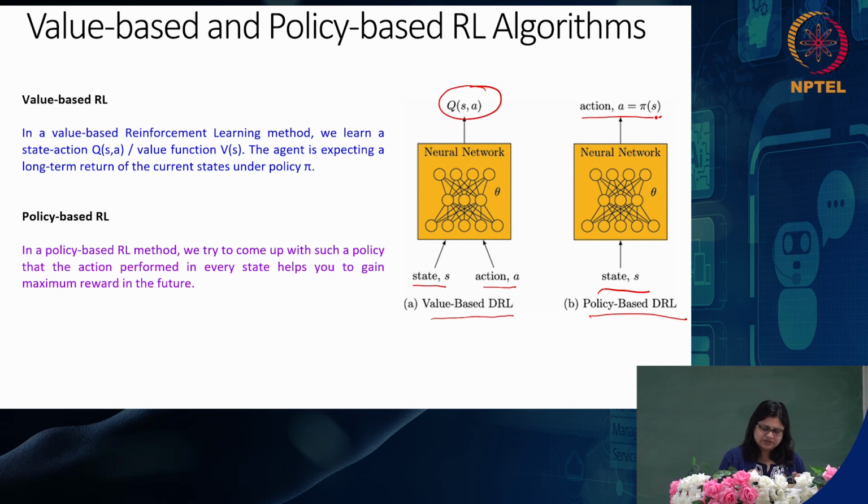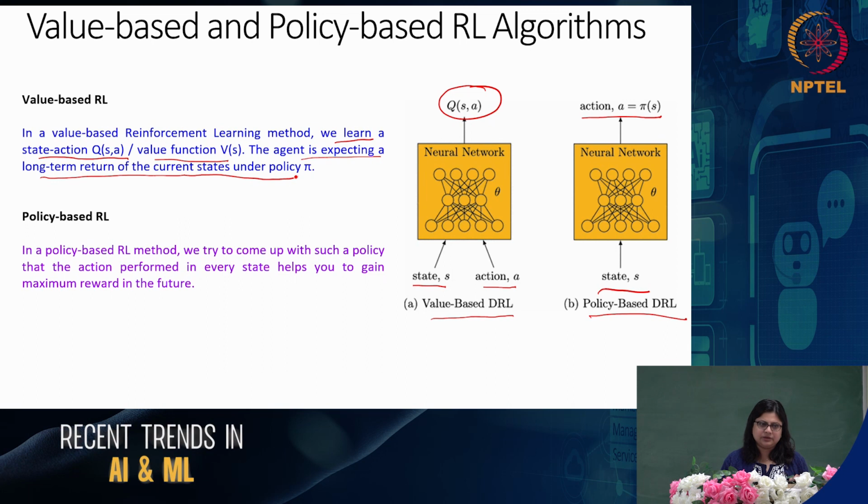So in value-based RL, we learn a state-action or value function. The agent is expecting a long-term return of the current state and the policy pi. Basically you know that this Q is recursively defined.